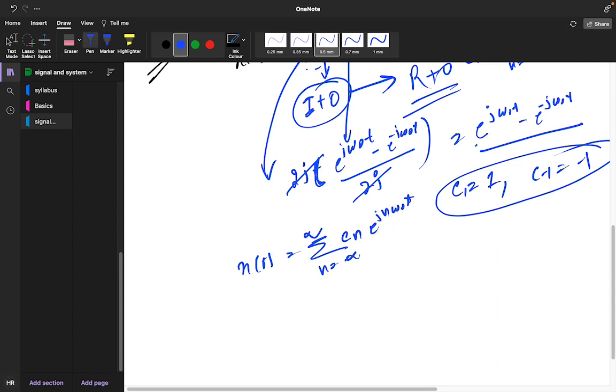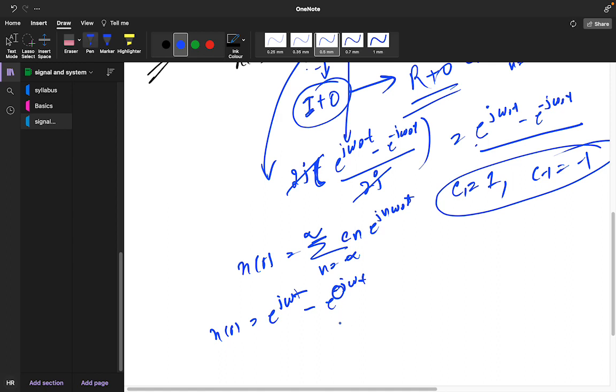So these things we discussed. We are getting this x of t value: e power j omega t minus e power minus j omega t.